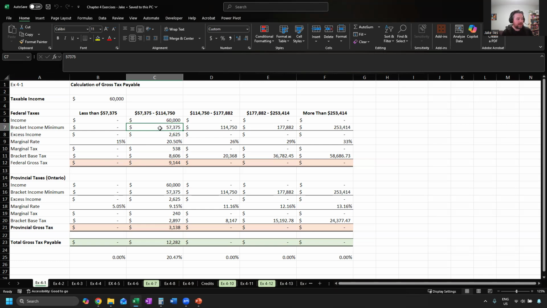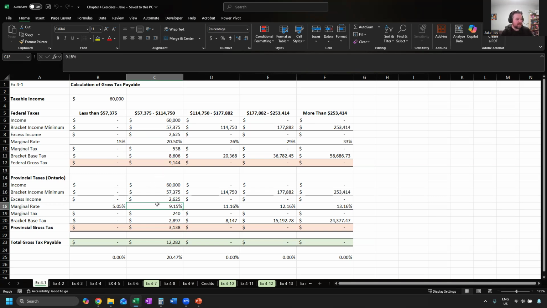We will subtract from it the income accounted for in the first bracket. So we only need to calculate the excess amount, the 2,625 by which we are over. That applies the second bracket rate of 20.5%, which means we're adding to this bracket tax base of 8,606 another $538. So the total federal tax will be 9,144, but we're going to add provincial taxes to this.